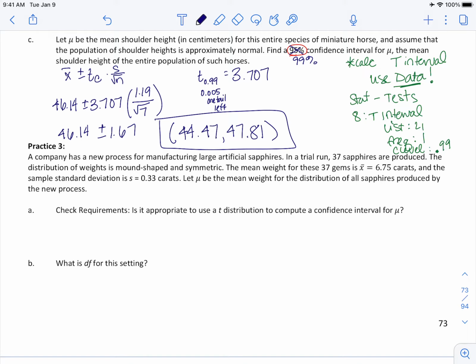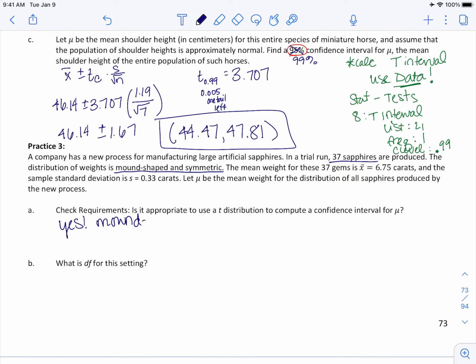So check requirements. Is it appropriate to use a T distribution to compute a confidence interval for mu? So it says here that we are mound shaped and symmetric, and we also have that our sample size is 37 sapphires. So yes, this is appropriate.